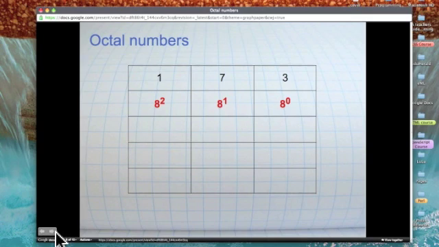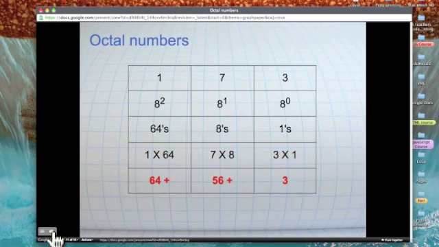So the place values of those digits are 1, 8, and 64. So I have 3 ones, 7 eighths, and 1 64.